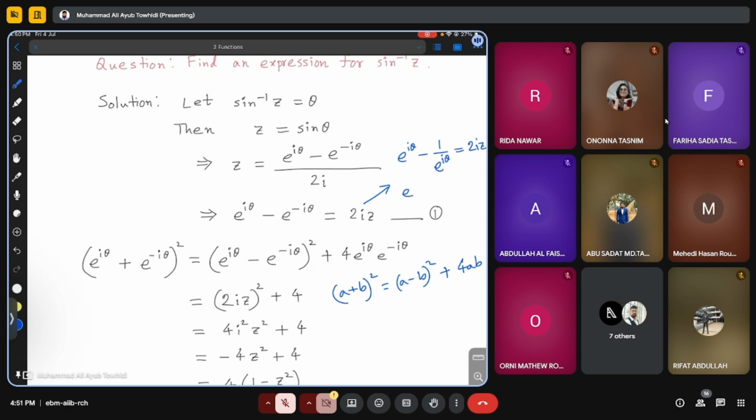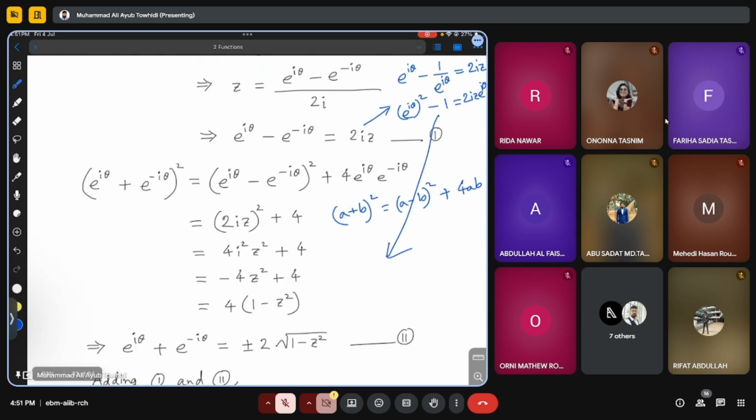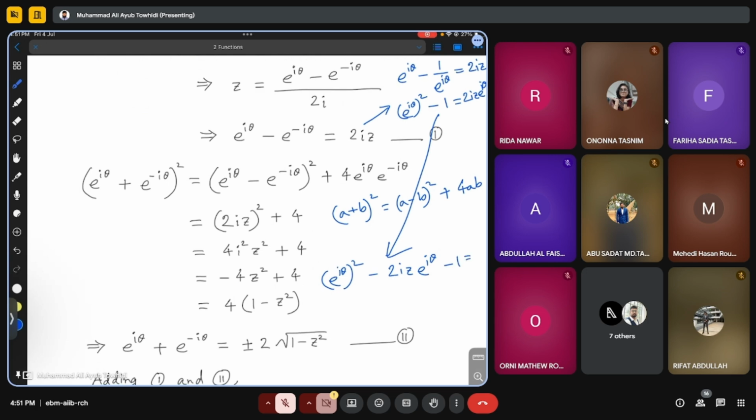So (e^(iθ))² minus 1 equals 2iz e^(iθ). So (e^(iθ))² minus 2iz e^(iθ) minus 1 equals 0.